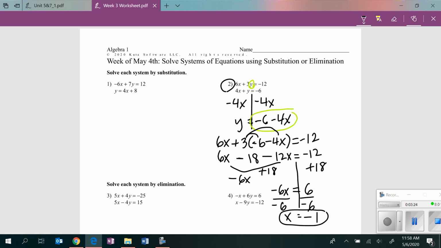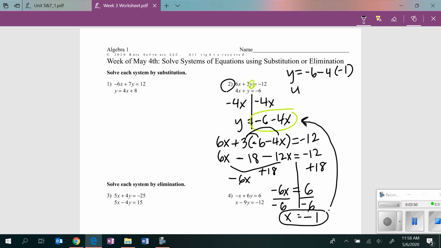Okay, you're halfway done now. Just take this -1 and substitute it into that equation that we created with my y equals, because that's going to be your easiest bet. So I've got y equals -6 minus 4 times a -1. Okay, order of operations.